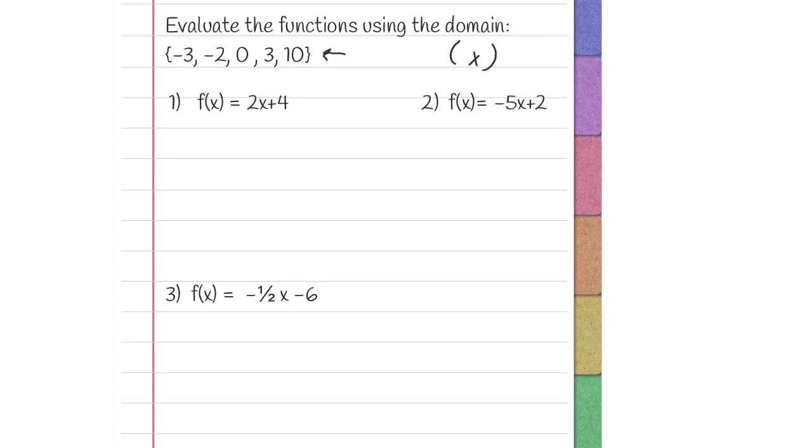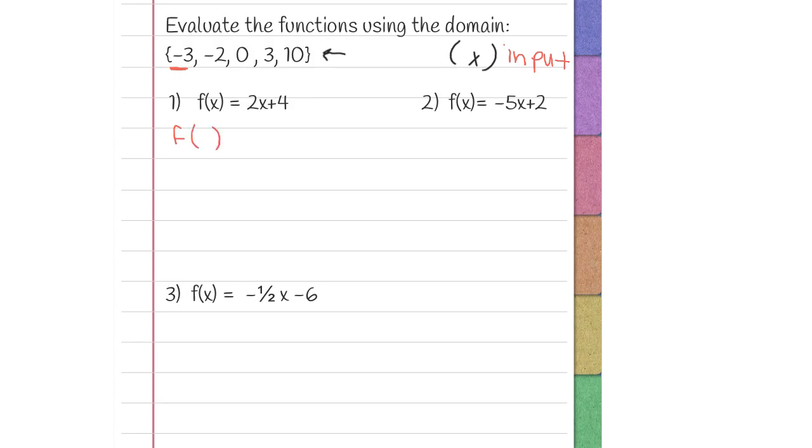So they're telling us that these are all x values. Now, if we look at our problem number 1, it says f of x is equal to 2x plus 4. So what this means, that means that our domain is our input, okay? Our domain is our input. In other words, our x is our input. So if I'm going to do the first one, I'm going to do f.